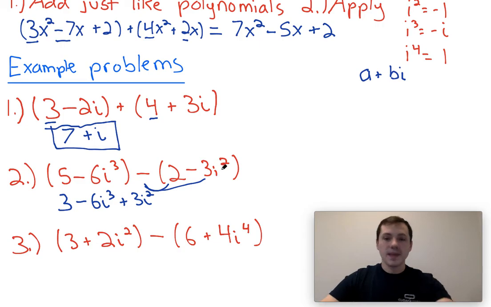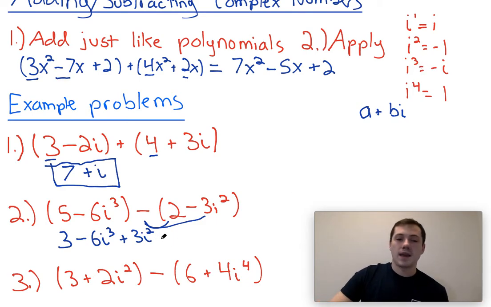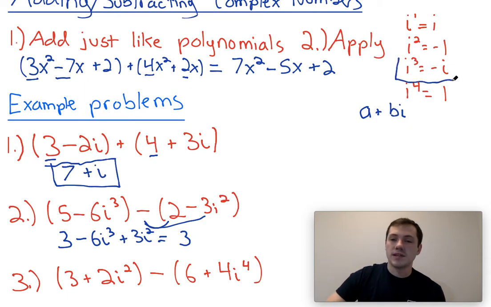Minus -3i squared is just the same as plus 3i squared, because if you subtract a negative, you get a positive. Now what we're going to do is apply these values up here in order to put it in standard form. So 3 is fine, no need to change that. Now -6i cubed, remember i cubed is equal to -i. So I'm going to turn this i cubed term into -i.